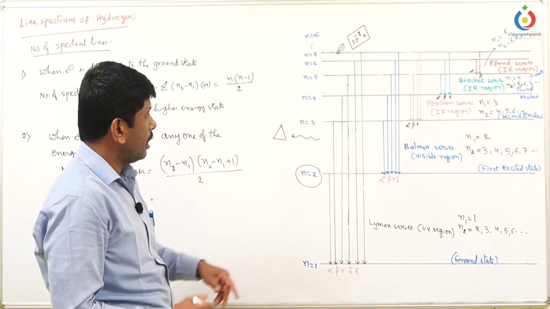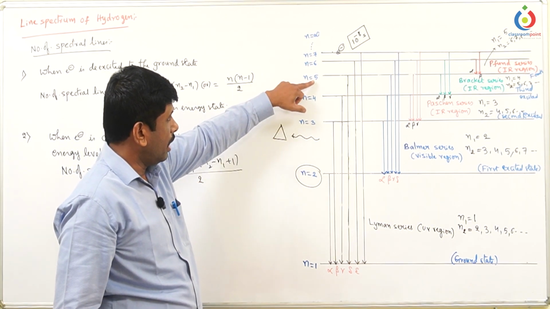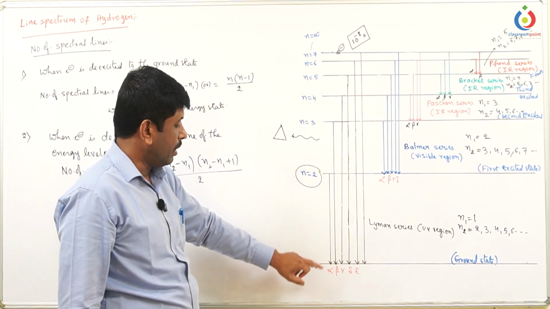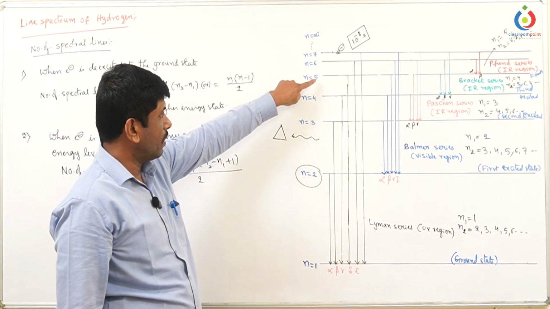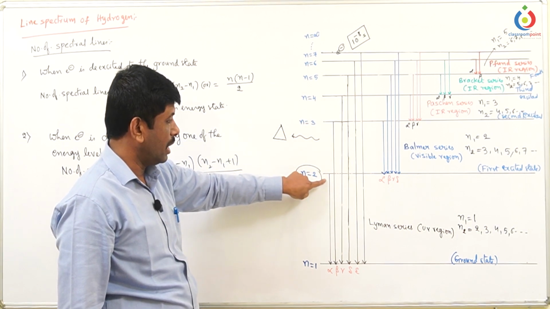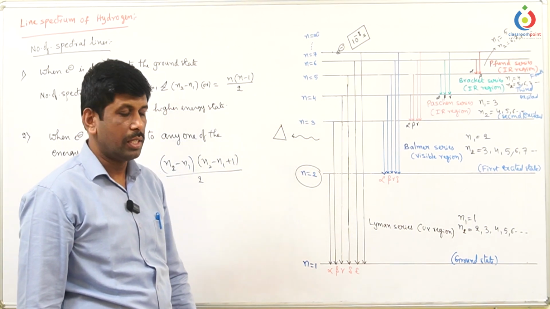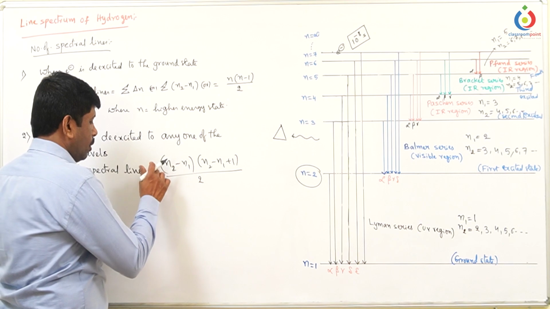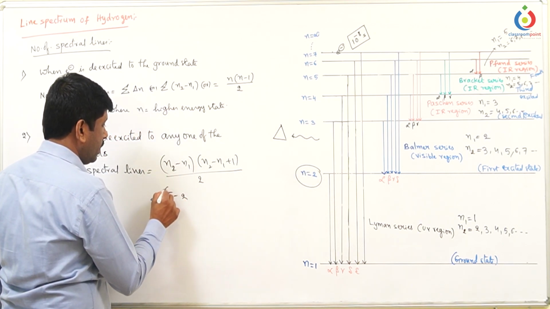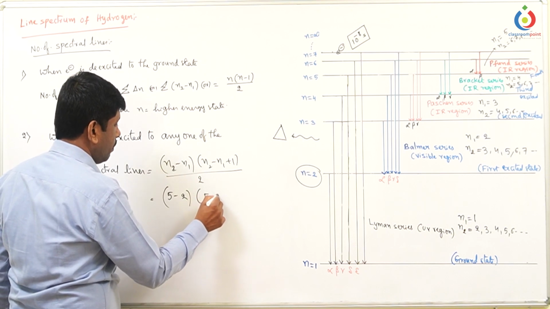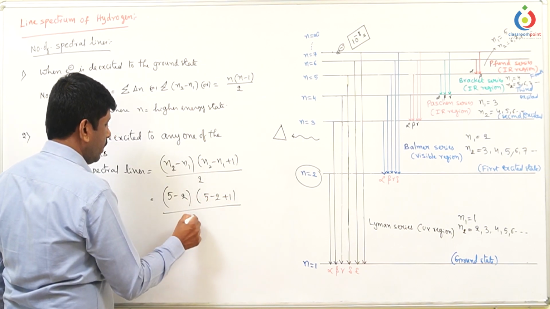That means, see, now I am not talking about the electron coming from the fifth energy level directly to the first energy level. What I am saying is now the electron is coming from the fifth energy level to the second energy level. So how many spectral lines are observed? Then n2 is equal to 5 coming down to 2. So 5 minus 2 times 5 minus 2 plus 1 divided by 2.